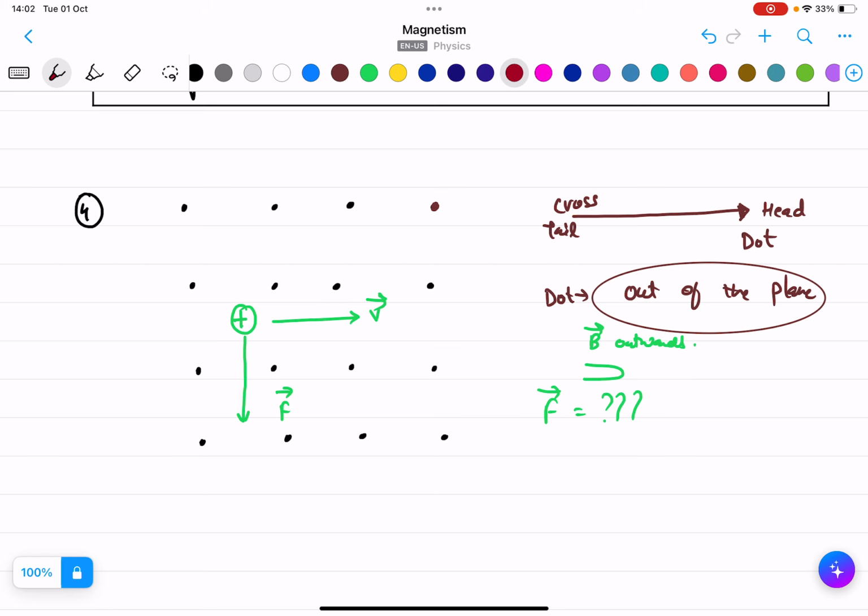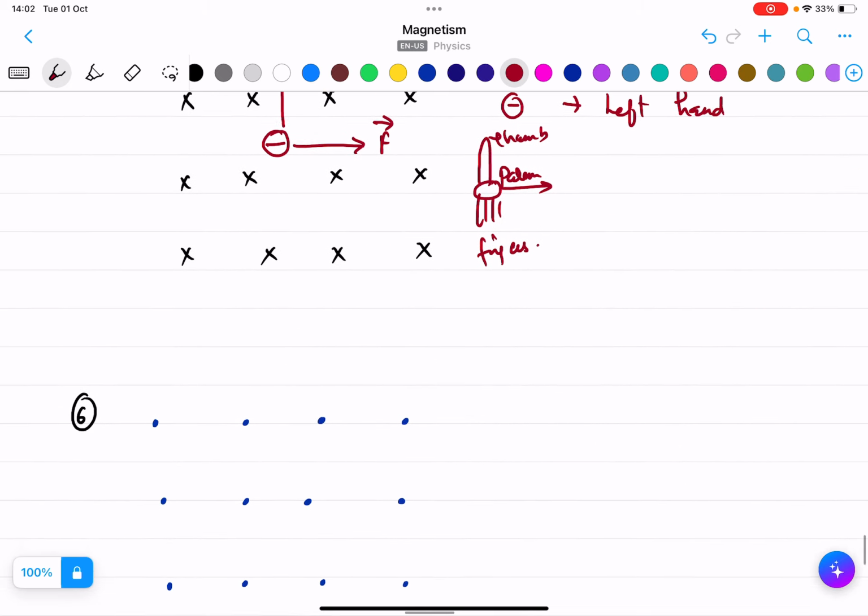So your thumb, your palm will face like this outwards. I cannot draw this, you need to visualize it yourself.